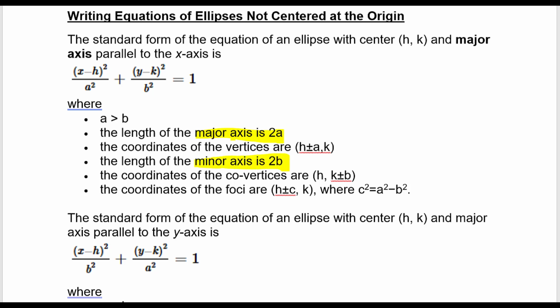Minor axis is 2b. The coordinates of the co-vertices, I should say, are h comma k plus or minus b. And then the coordinates of the foci, since it's on the major axis and that's horizontal, are h plus or minus c, comma k, where c squared equals a squared minus b squared.